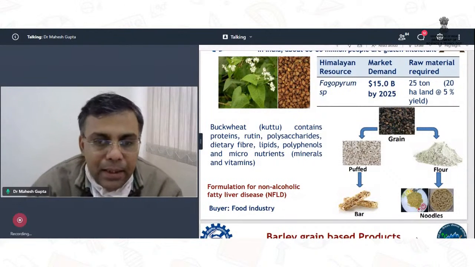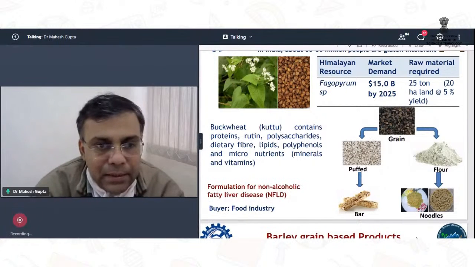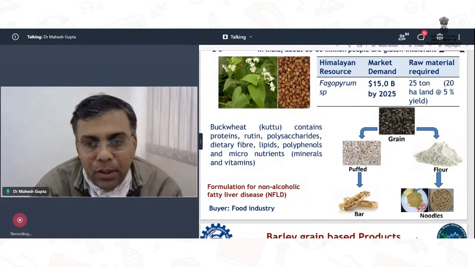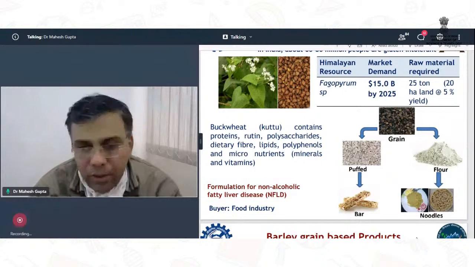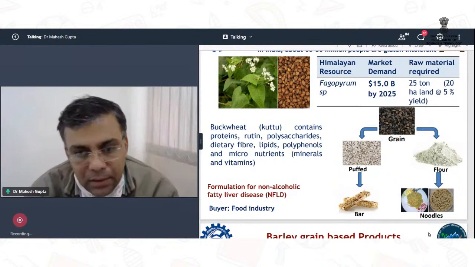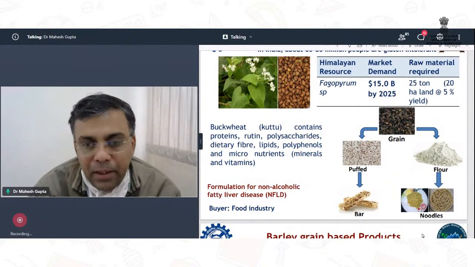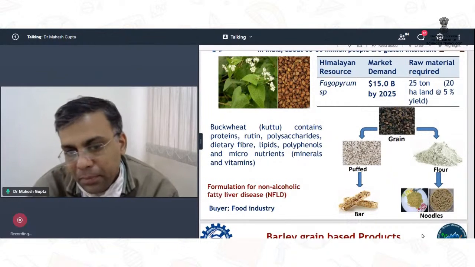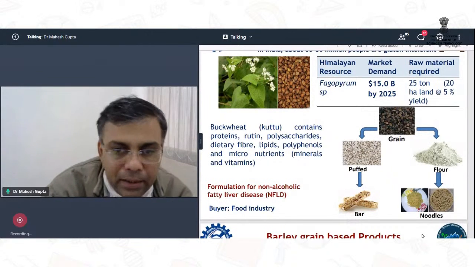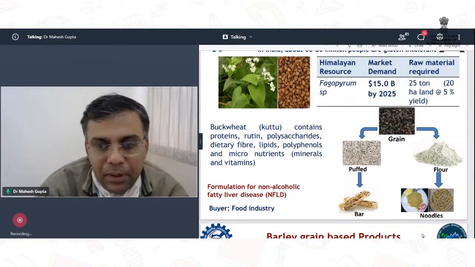Another important part is that all these products are gluten-free in nature, and the products and technology developed have a very good shelf life as well as marketability. For example, noodles and nutri bars are in the market nowadays, but we have developed these from local resources, with a very good shelf life as well as nutrition.